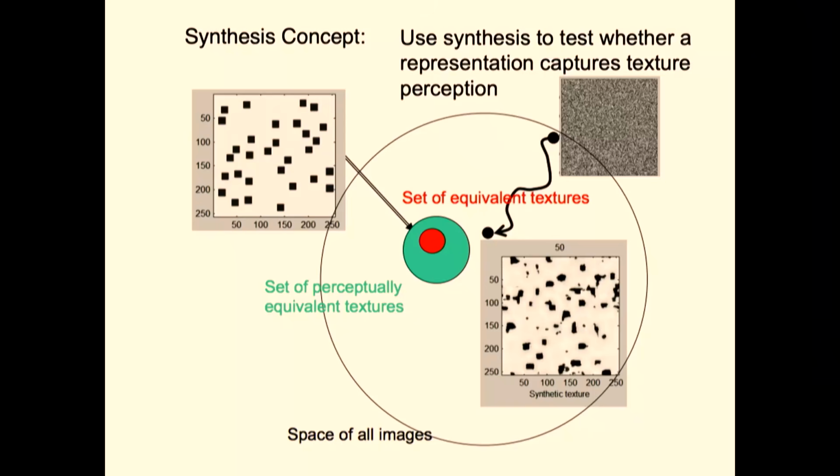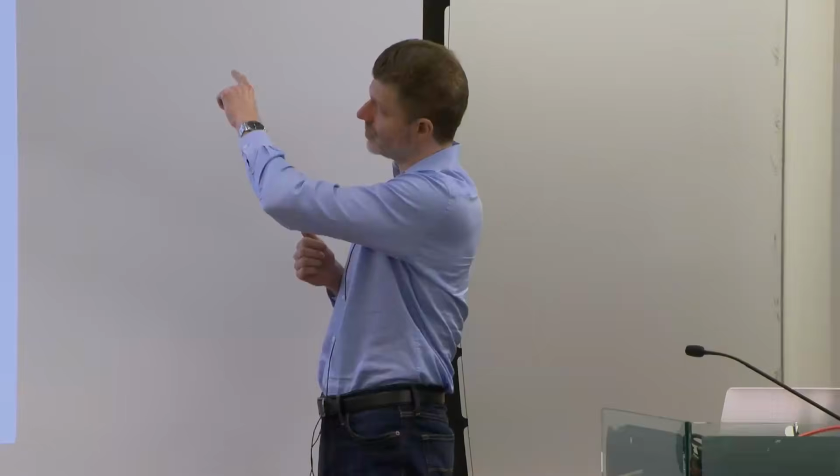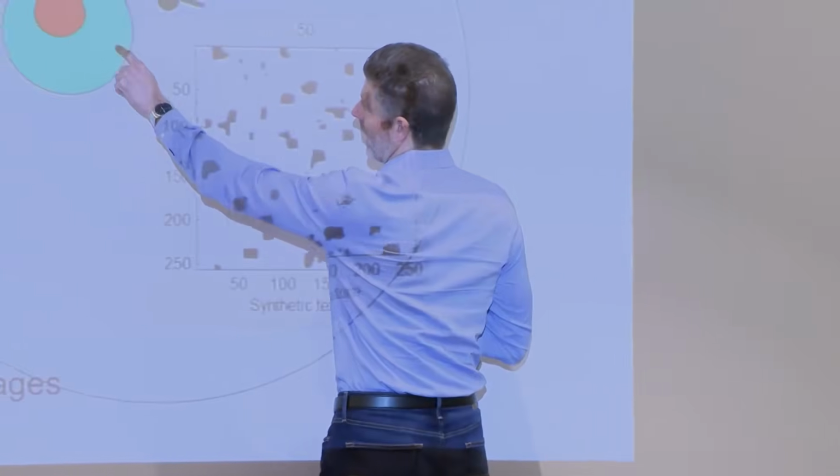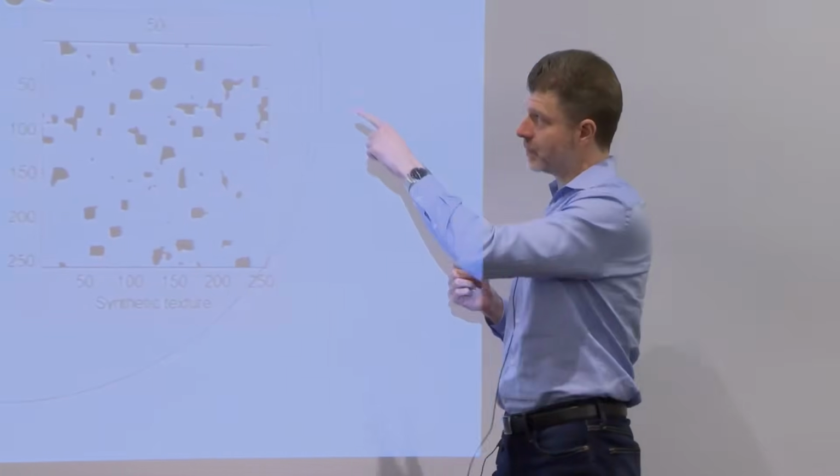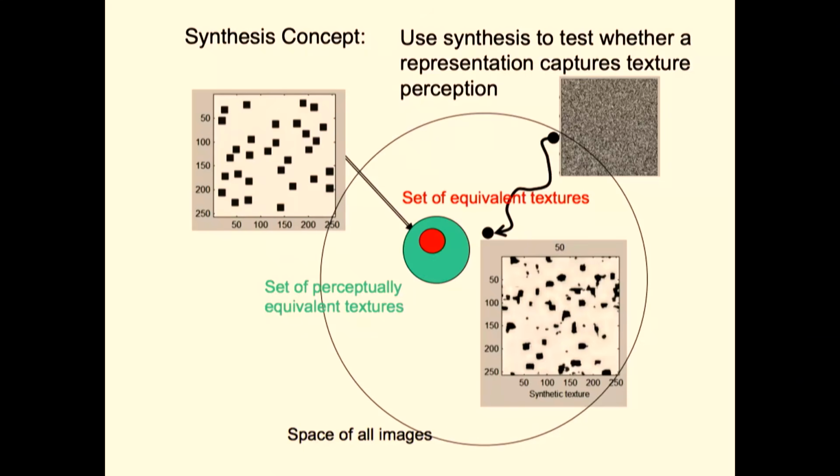Then we look at the textures and see whether they actually look the same. So we take noise images and alter them in various ways to cause them to reside in the part of the space that has the same representation as some example. This was a case where maybe we got part of the way there, but not all of the way there.